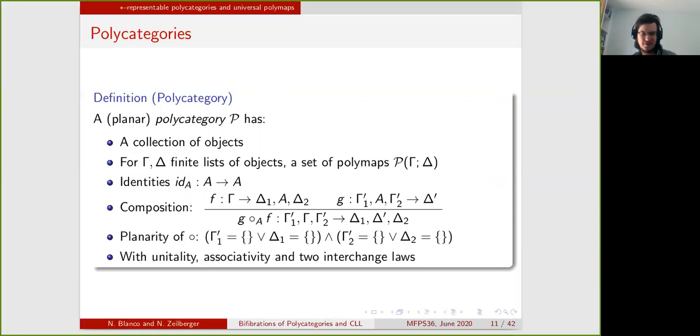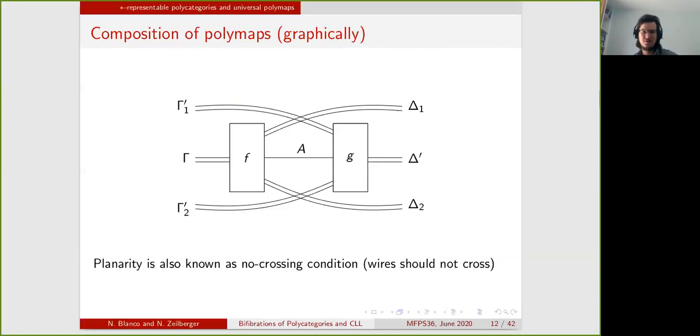It should have identities, a notion of composition that is unital and associative, and that has an interchange law that we'll explain later. So the fact that our polycategories are planar and not necessarily symmetric puts some restriction on the composition, but I will explain that just now by looking at how to represent polymaps graphically.